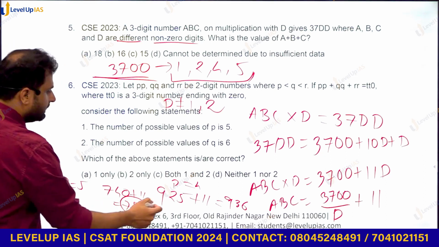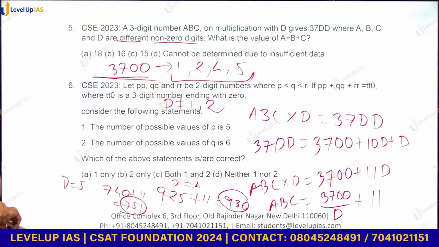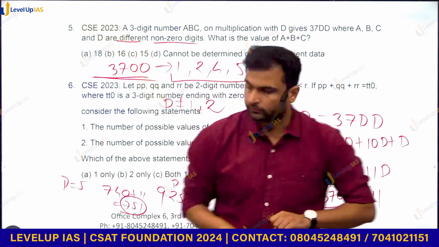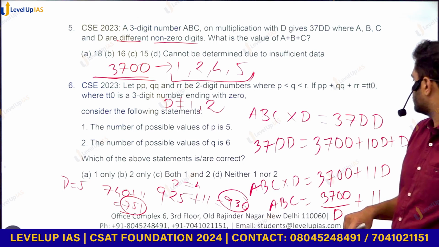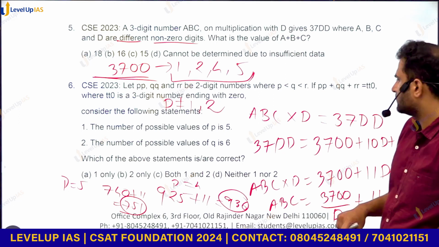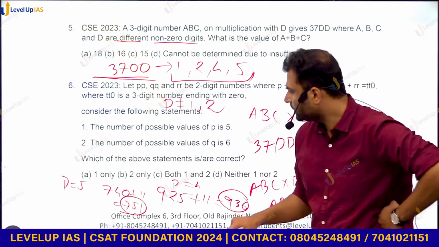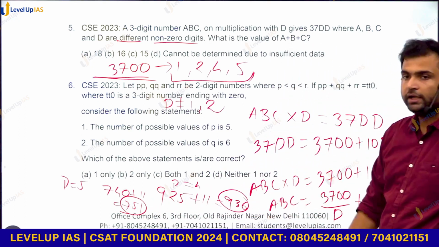So these are the alternatives that we have for abc. Right. So a plus b plus c can be 13 or it can be 18.